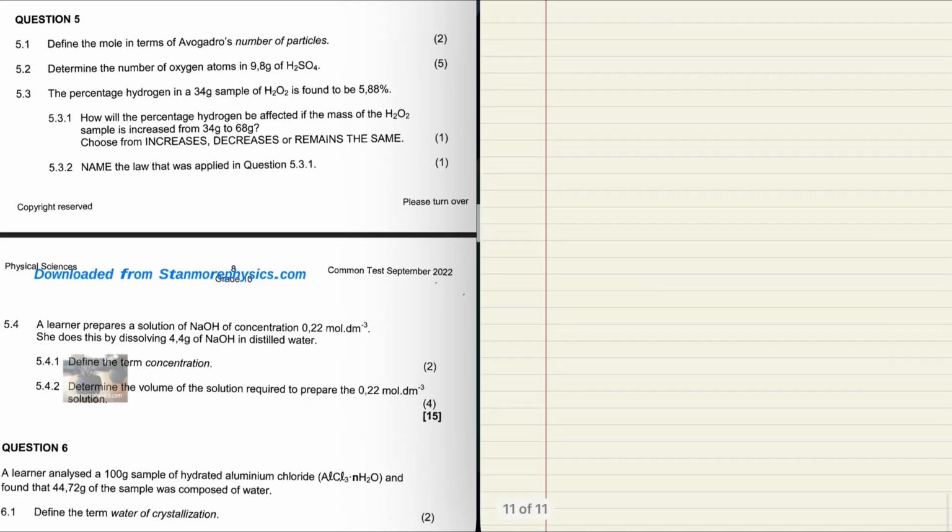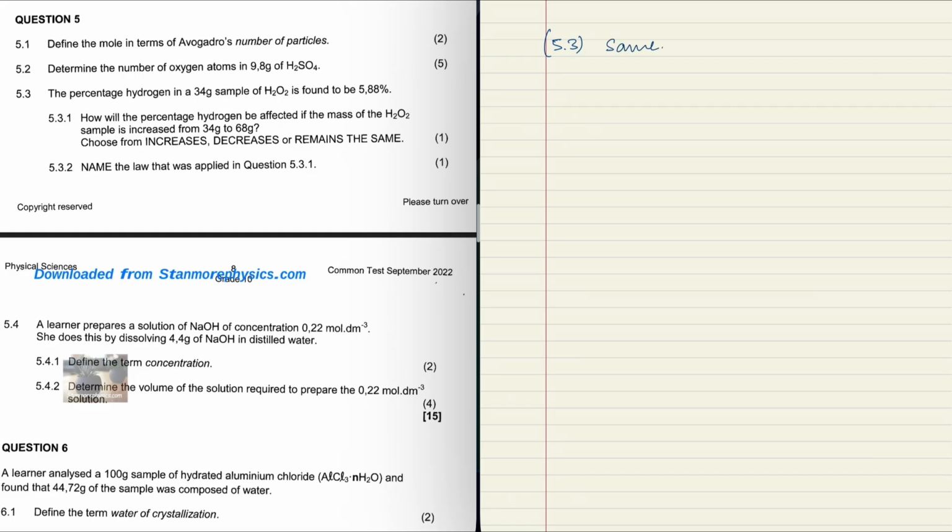Question 5.3. The percentage hydrogen in a 34-gram sample of H2O2 is found to be 5.88%. How will the percentage hydrogen be affected if the mass is increased? It's going to remain the same.